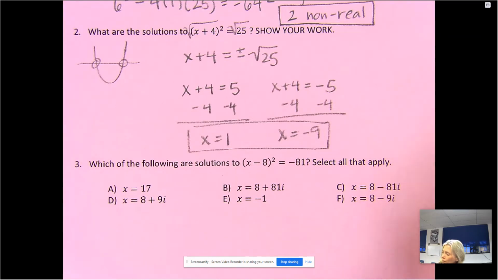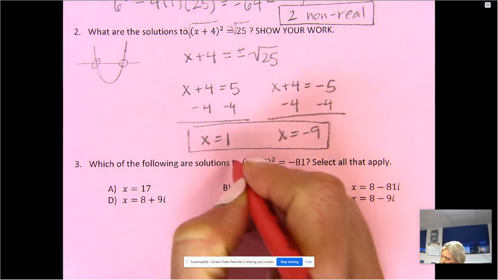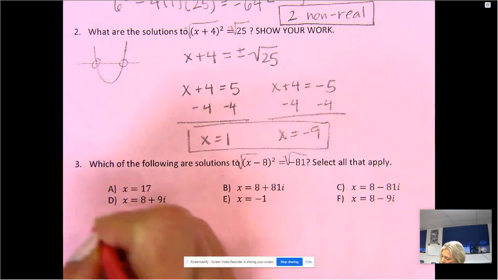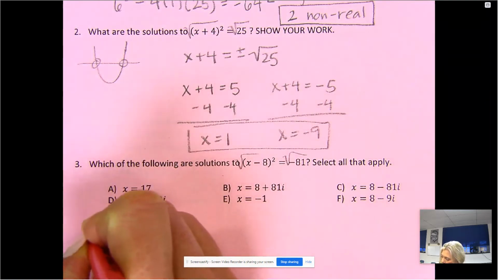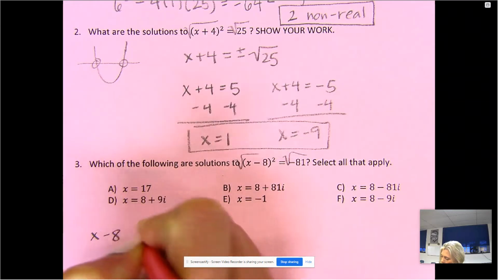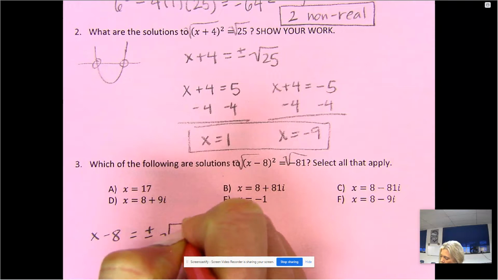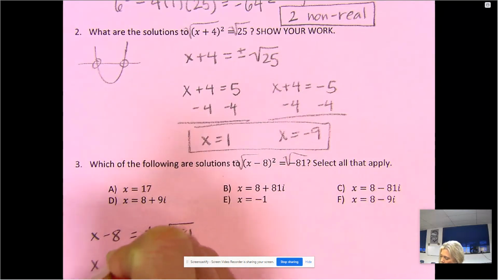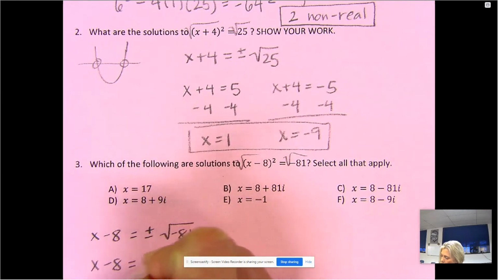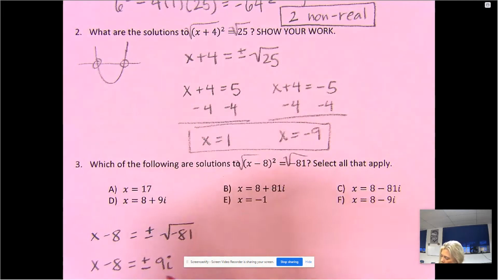So when we square root both sides, we're going to have x minus 8 equals the positive or negative square root of negative 81. That means x minus 8 equals positive or negative 9i.